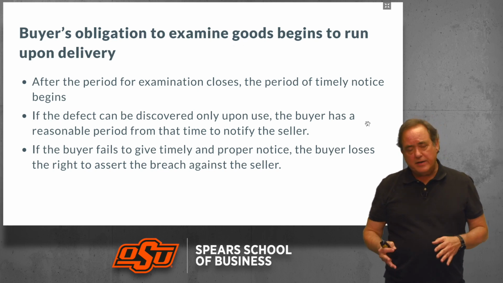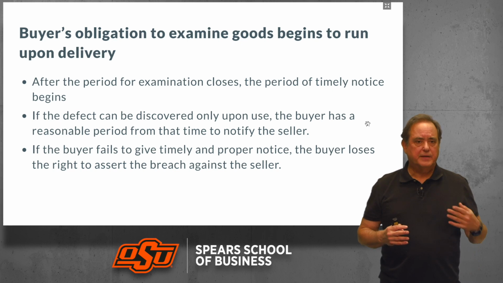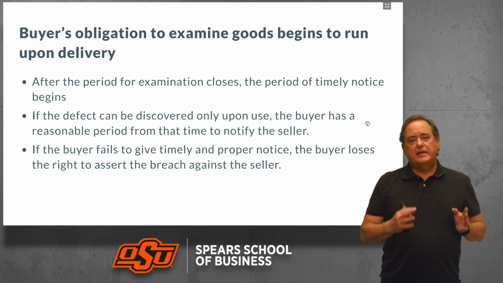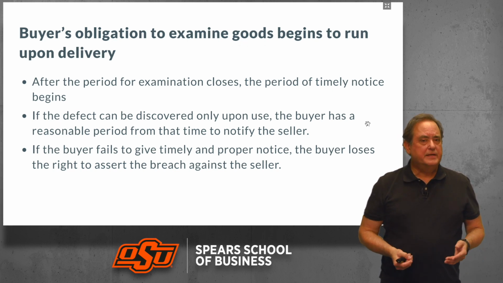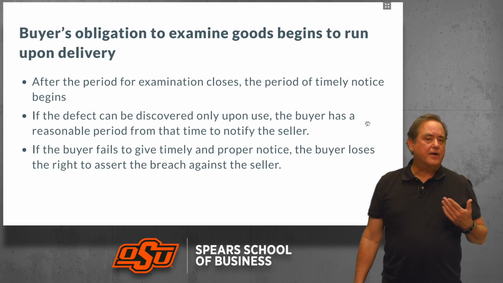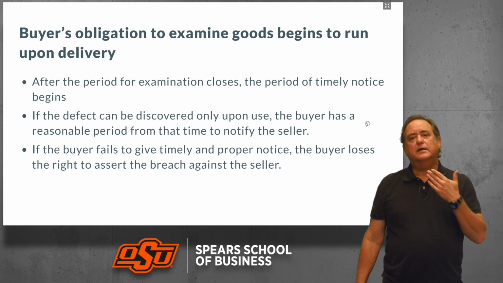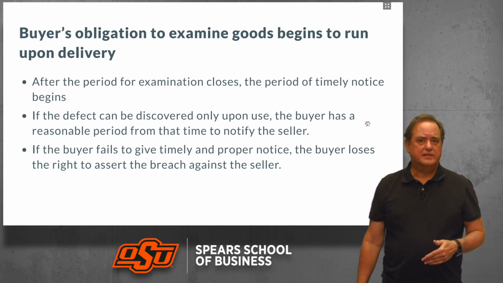Now, buyer's obligation to examine the goods begins to run on delivery. And after the period for examination closes, again, the period of timely notice begins. Now, if the defect can only be discovered by using the product, again, the buyer has a reasonable period from the time that it noticed that the goods had a defect until they notify the seller.